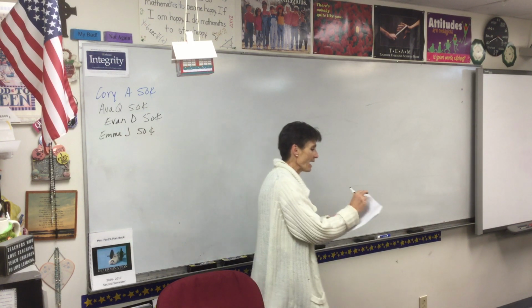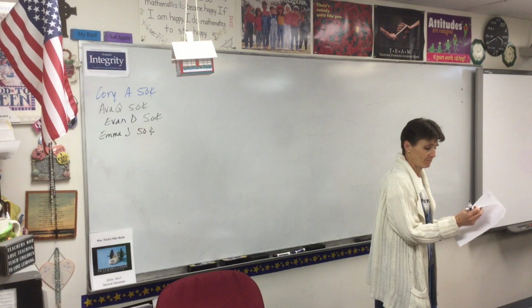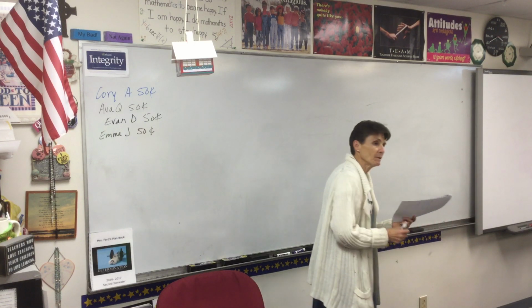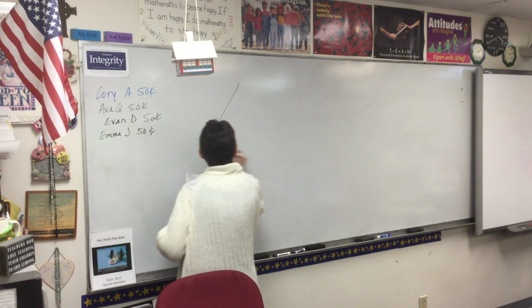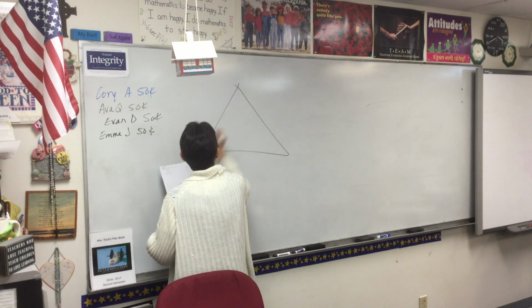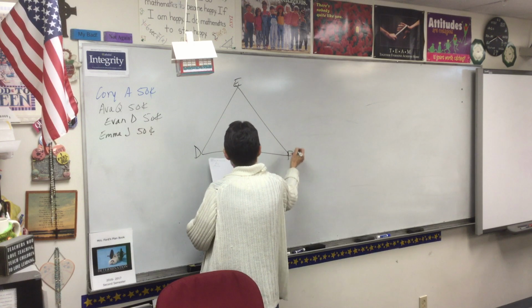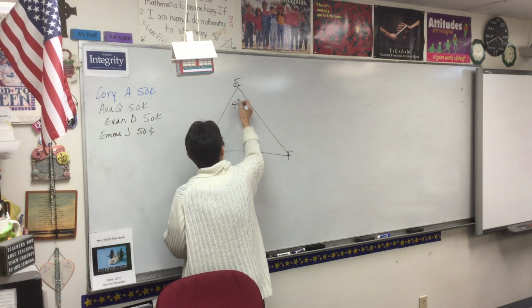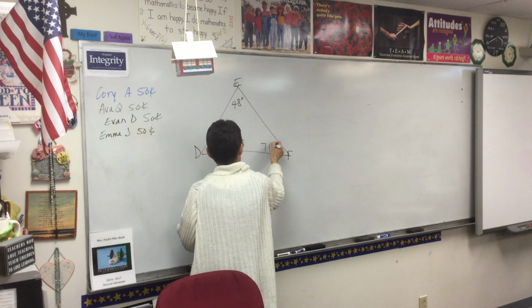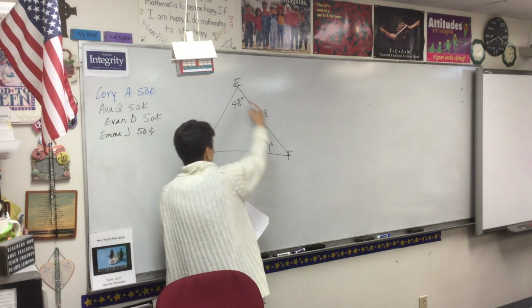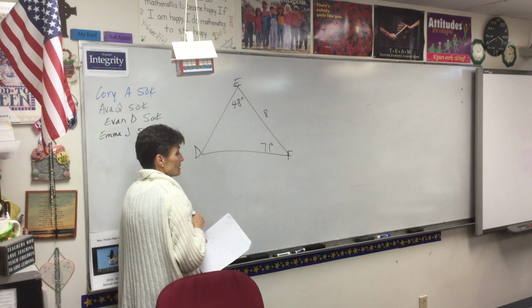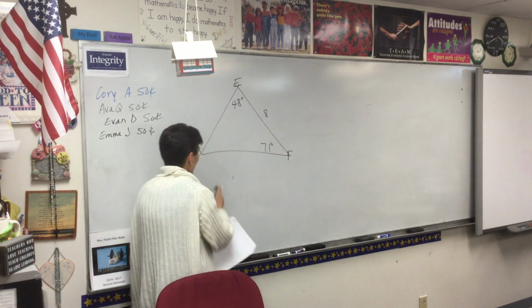We are on the back of page 40, on problem B, which says solve the triangle. Now, do you all remember from our conversation last time that we use capital letters for the angles and little letters for the sides?